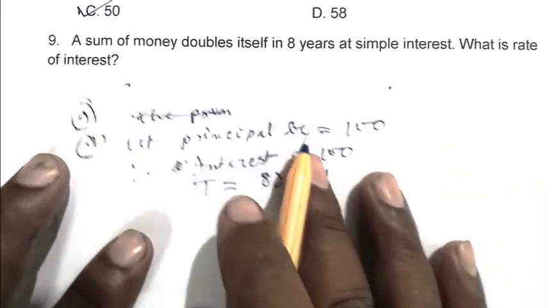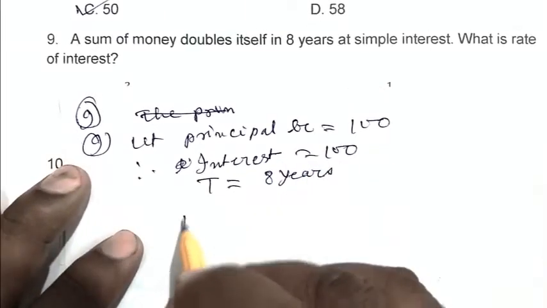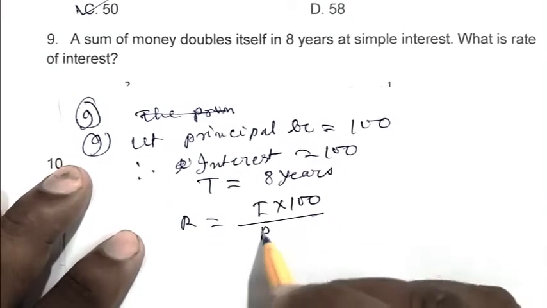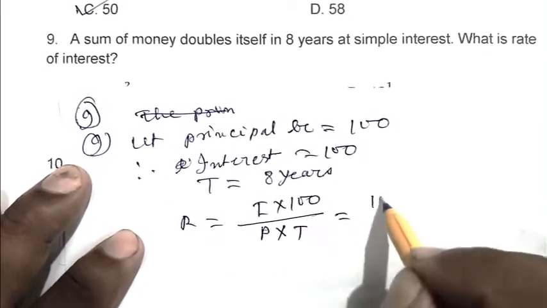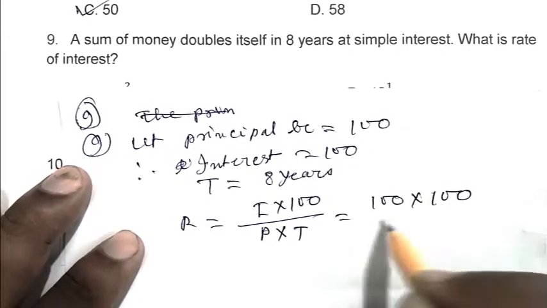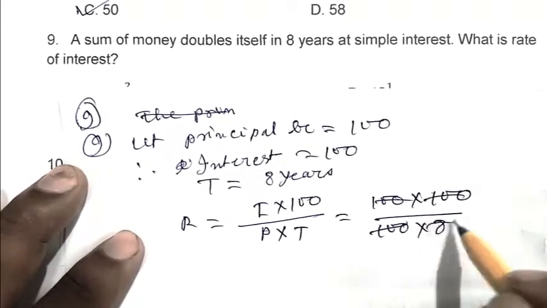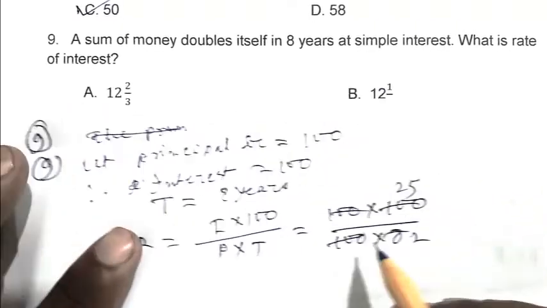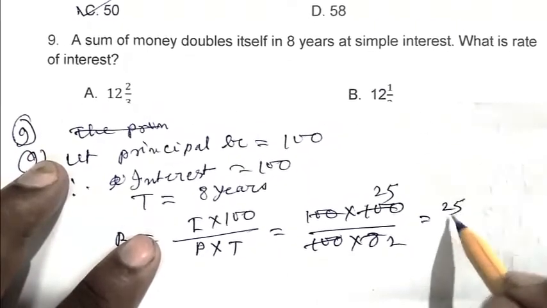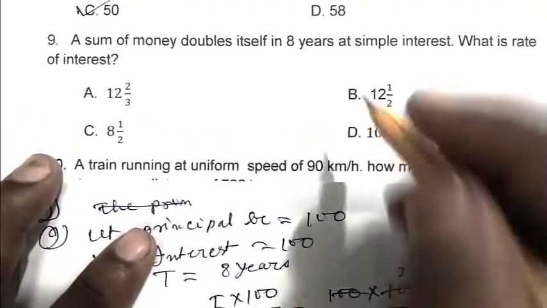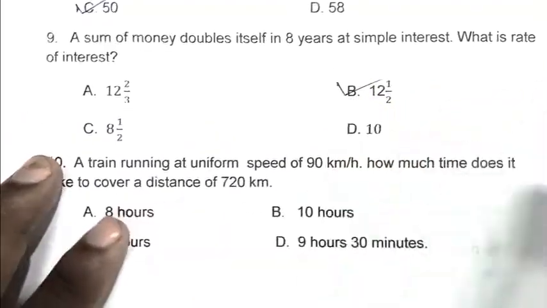So we calculate from the formula that rate equals I into 100 by P into T, that is 100 into 100 by 100 into 8. So 25 by 2, that is 12 whole 1 by 2. So B is the right answer.